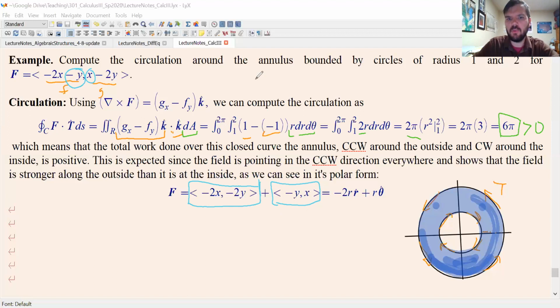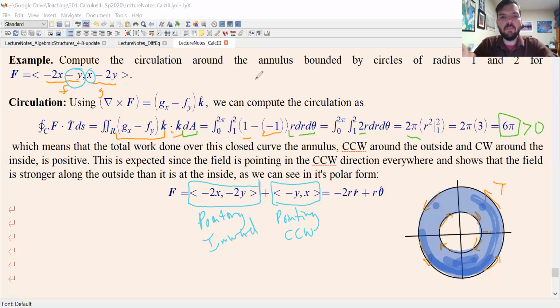And so we could say that this vector is pointing counterclockwise because it's following that negative y-axis pattern we see in the angular direction theta hat. And for the radial component, it's pointing inward.